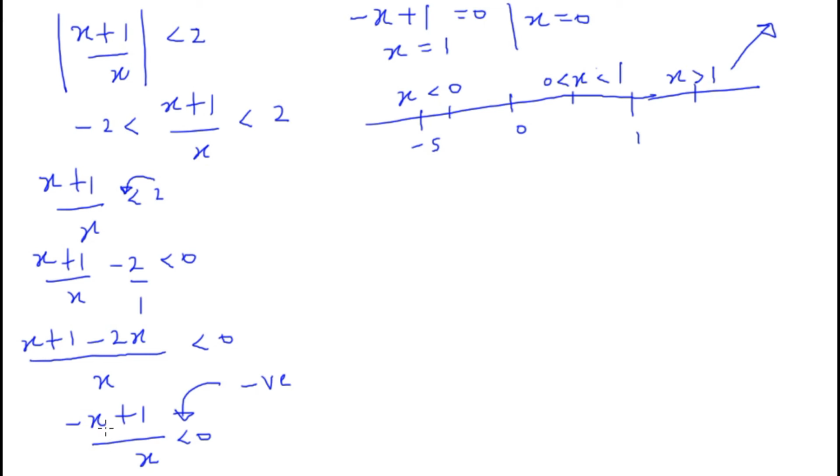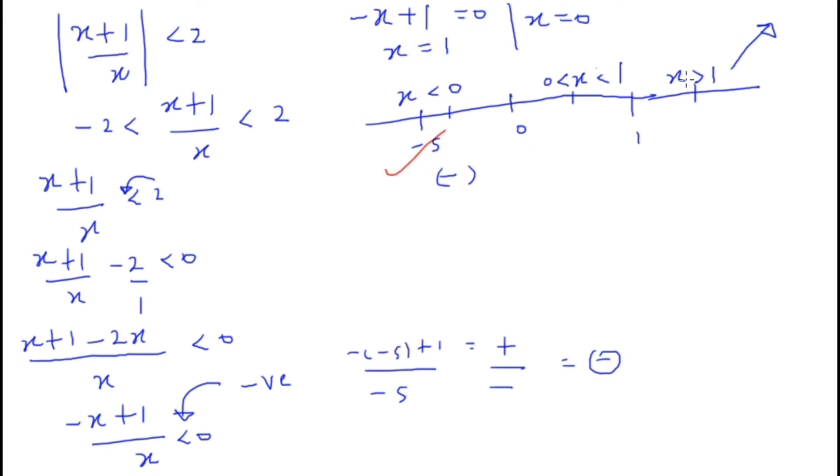If you substitute -5 at the numerator, that will be -5 plus 1, which is supposed to be a positive value at the numerator. Divided by, if I put that same -5 at the denominator, I have a negative value at the denominator. So plus divided by minus is minus. That means this region gives me a negative value, so this region satisfies the inequality.